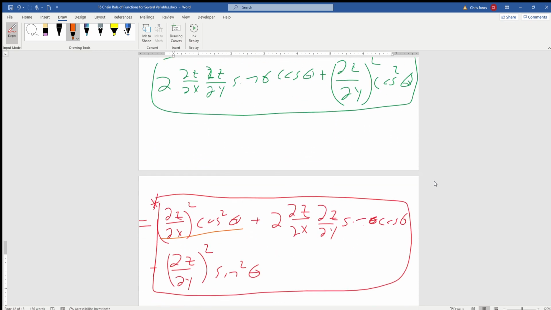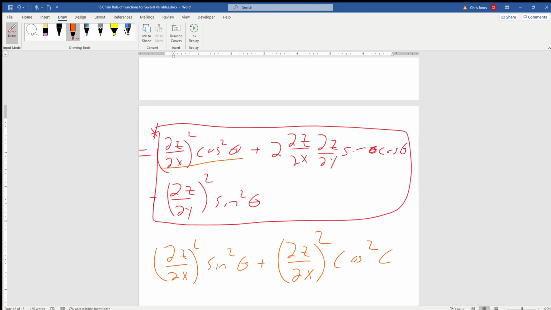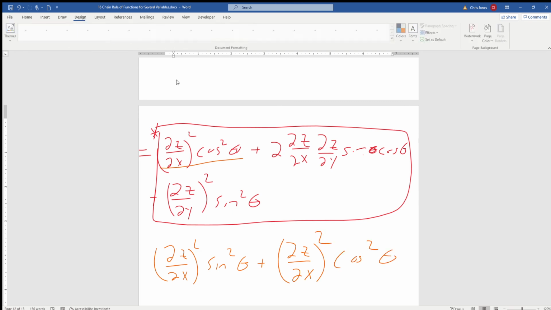All right, so let's just add those below. So we're going to have partial z partial x square sine square theta plus partial z partial x square cos square theta. And clearly we can see what's going to happen here.